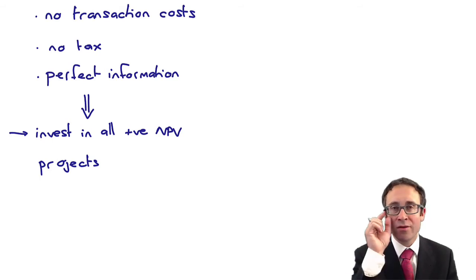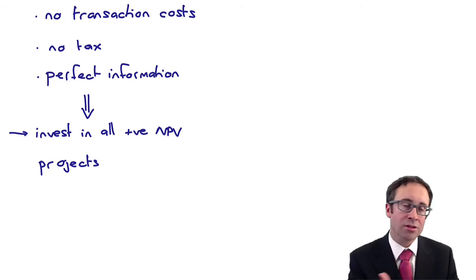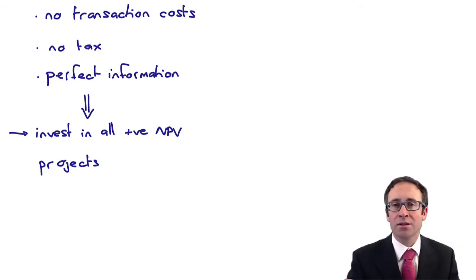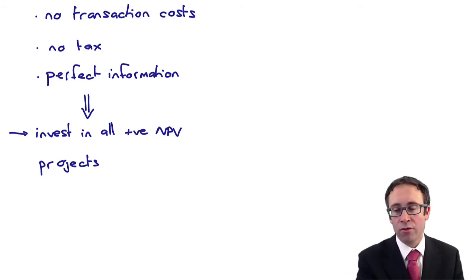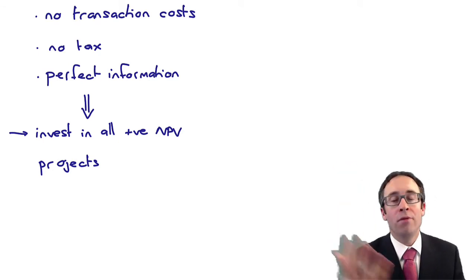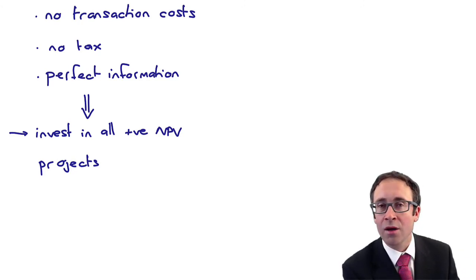Like we said earlier, if you can't find anything to do with the earnings, there's nothing to invest in, then pay it all out as a dividend. However, if there are lots of projects on the table, invest in all of those projects, and then what is left, pay that as your dividend. It doesn't matter what happens in terms of the pattern, whether it goes up or down, provided that you are investing at the required rate of return of the equity holder.